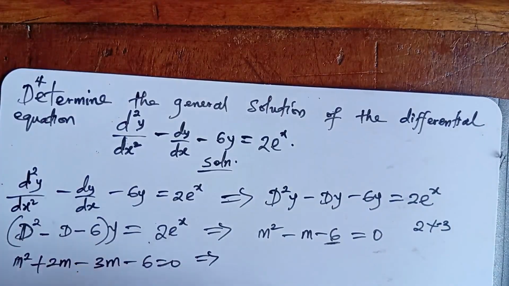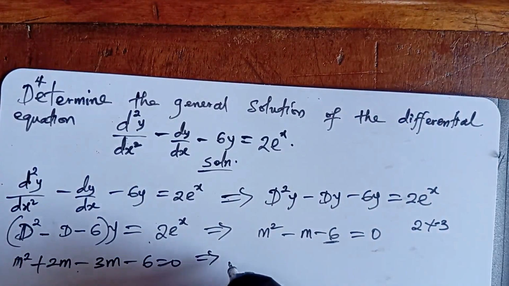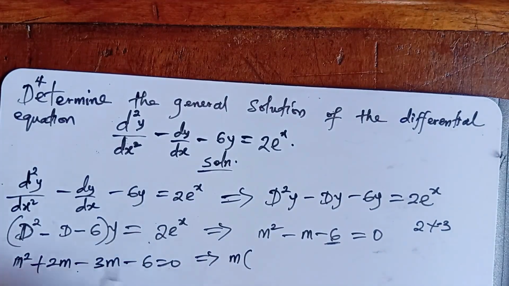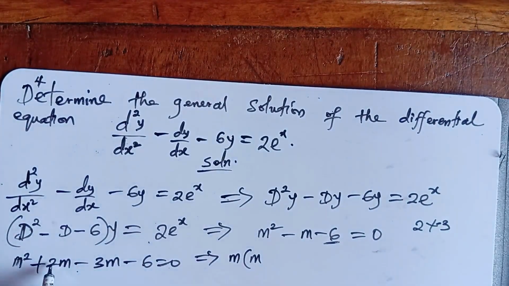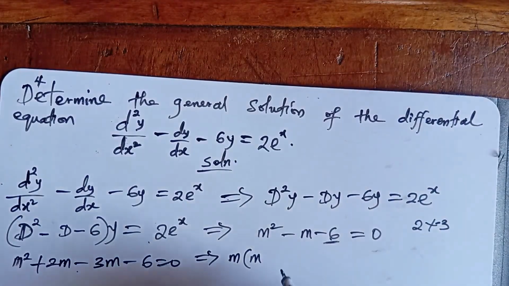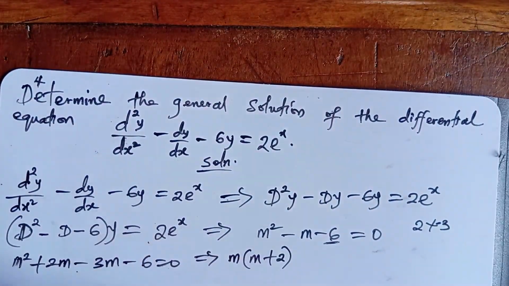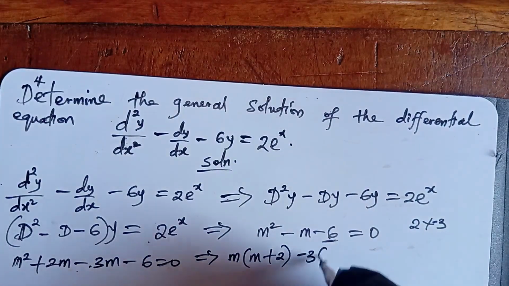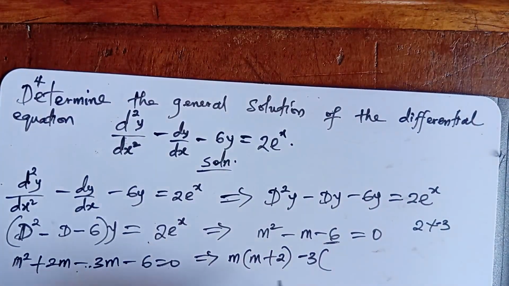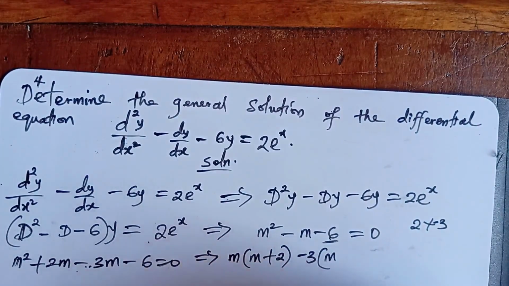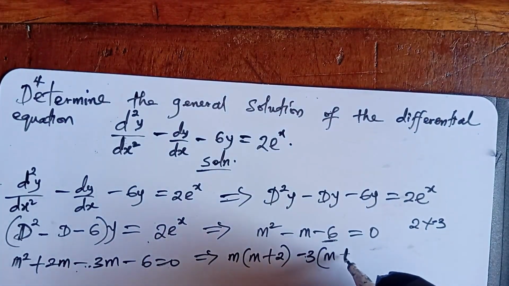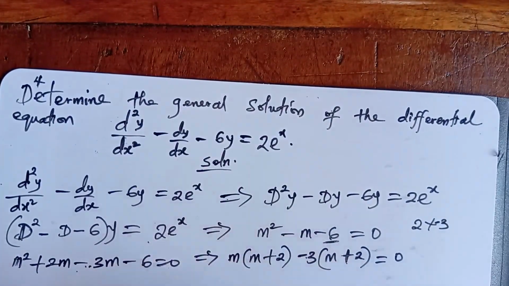Let's factor it out. We have m into: m squared divided by m is m. 2m divided by m is 2. Then we have minus 3. Minus 3m divided by minus 3 is m. Minus 6 divided by minus 3 is plus 2 also. Everything is equal to 0.